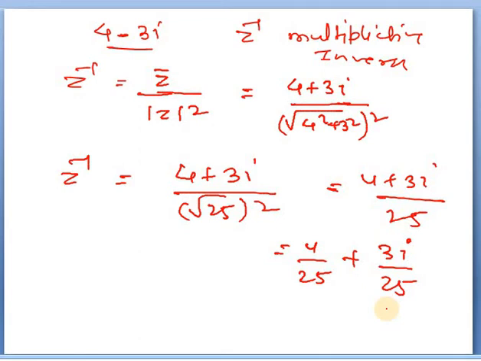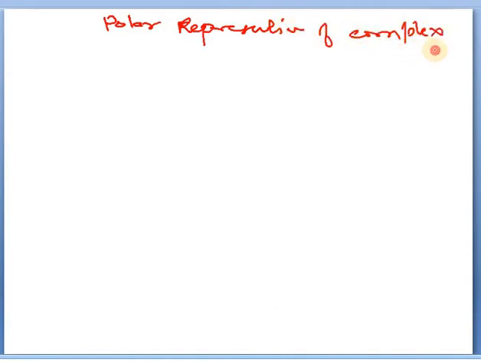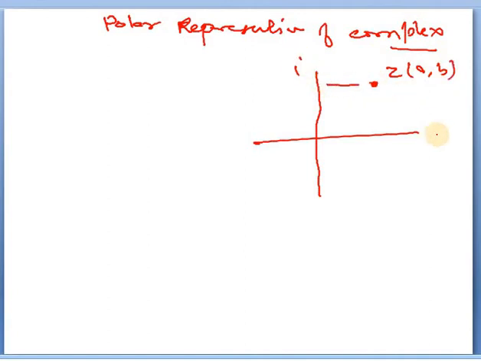Now we'll move ahead to the polar representation of a complex number. Suppose a complex number on the Argand plane is z, which is the point (a, b), with the imaginary axis and the real axis x.